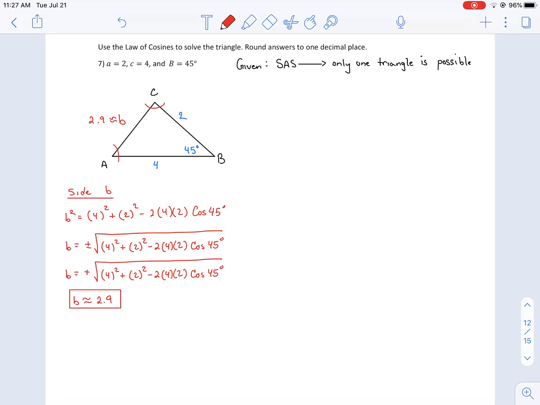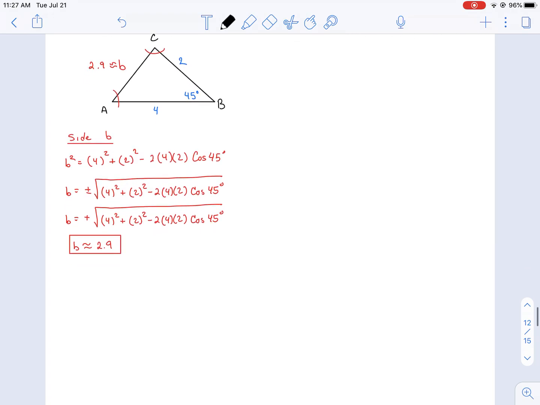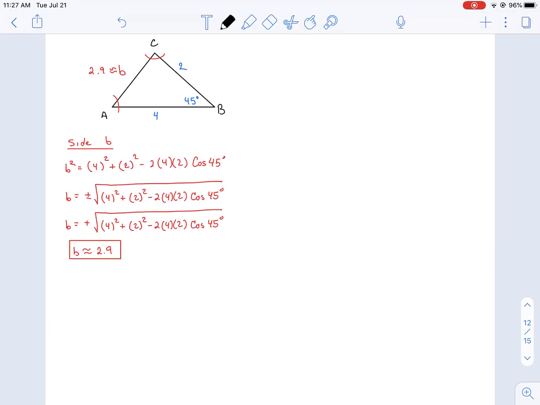So we're going to apply the law of cosines again, and since we have three sides, side, side, side, we're going to find the largest angle first. So in this case, the largest angle is opposite of the largest side. So we're going to find angle C.